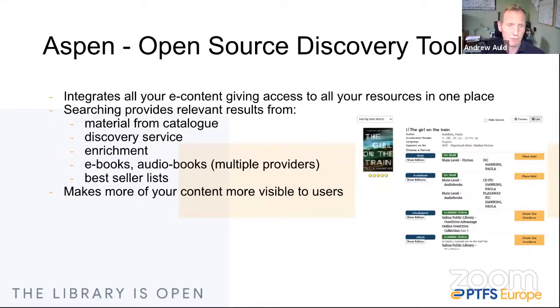So that's material from your catalog, from a discovery service, if you have one, from other enrichment sources, ebooks, audiobooks, bestseller lists, that kind of thing. But also it can index other external sources, websites, and other collection resources, such as, for example, photograph archives and that kind of thing.